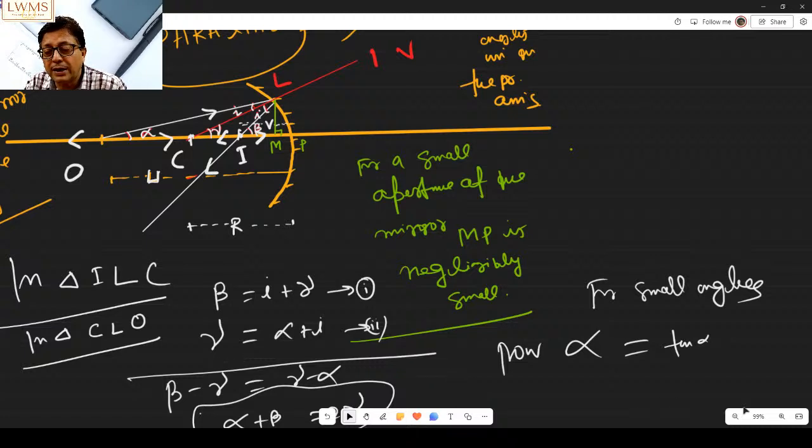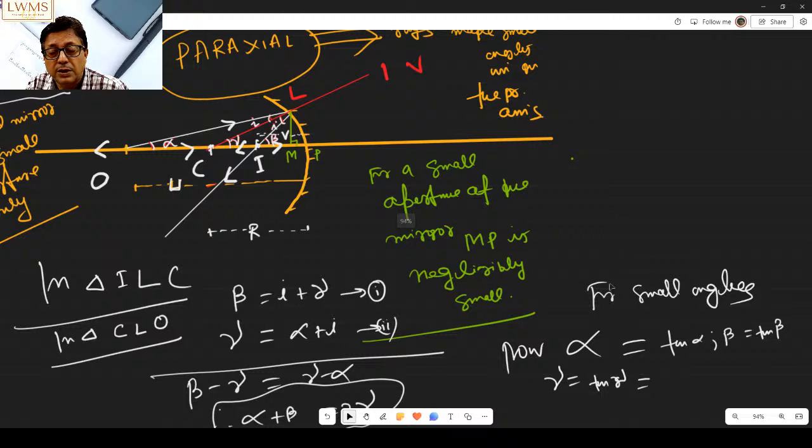Now for small angles, alpha is tan alpha, beta is tan beta, and gamma also tan gamma. You just put the values. Tan alpha, tan beta and tan gamma.